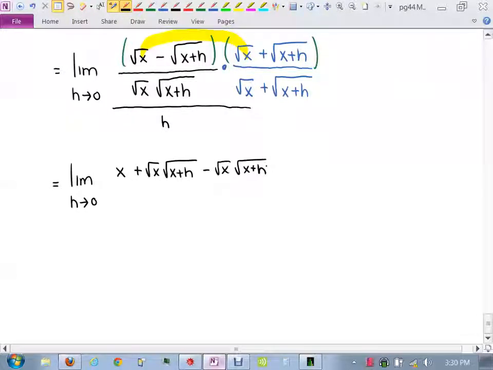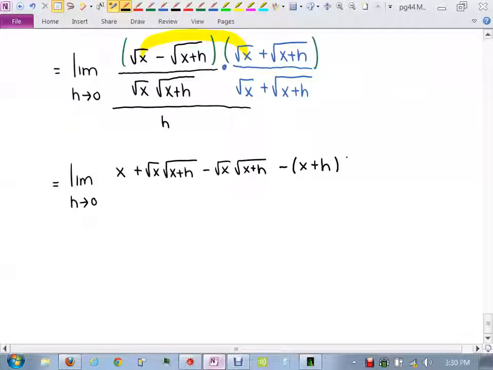Now, I see so many students make a mistake on this part. What's the last term? Positive or negative? Minus x plus h. Is that correct like that? No. What's wrong? I need a parentheses around the x plus h. Good.